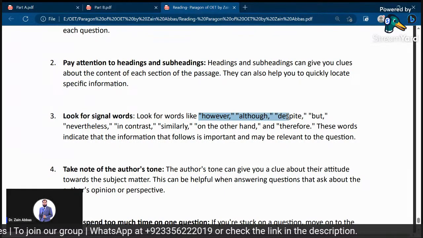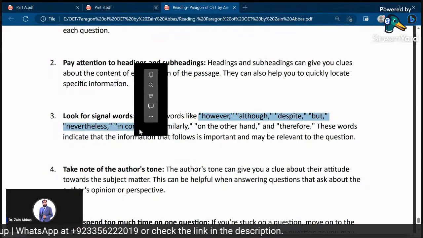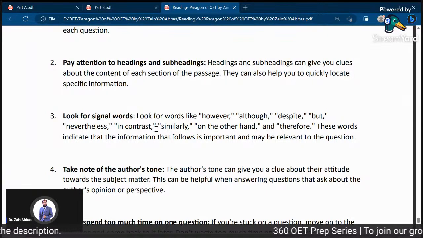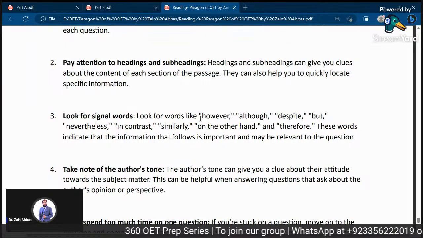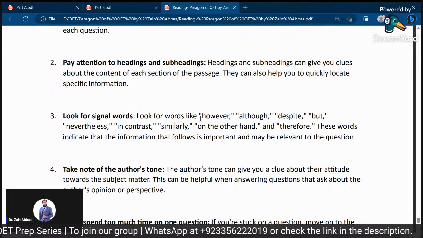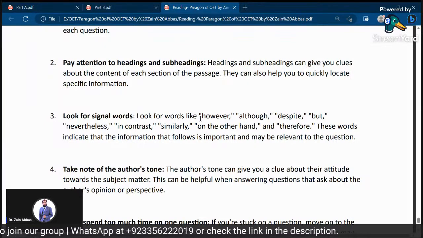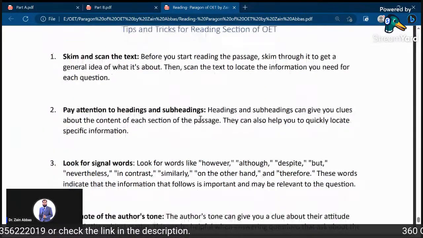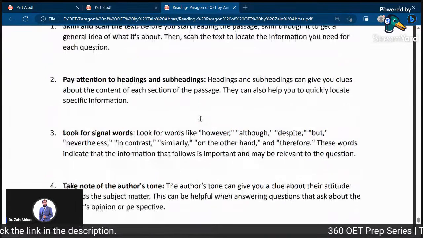However, although, despite, but, nevertheless, in contrast. Why are these the signal words? Because they actually give the summary or the sum of all the text there. You just need to hover over them and pick up the concept or the meaning of all the text there.